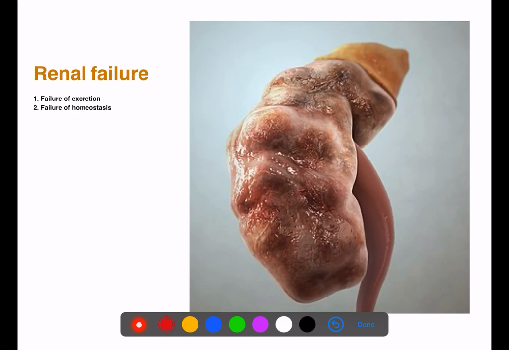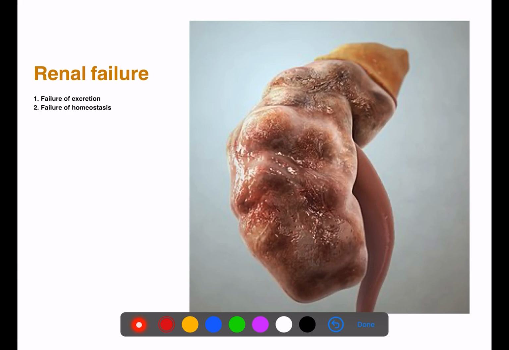The tubule damage mainly occurs because the tubular epithelial cells have a high level of metabolic rate.